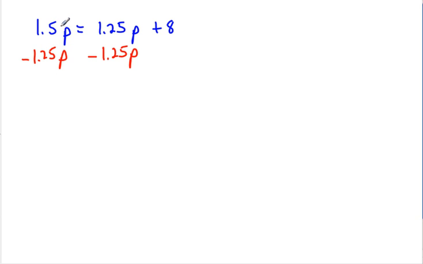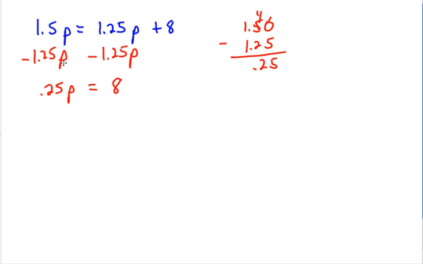So 1.5 minus 1.25, well, if we want to, we can do this over here, but I think it's going to be 0.25. Yeah, so we have 0.25p equaling 8.